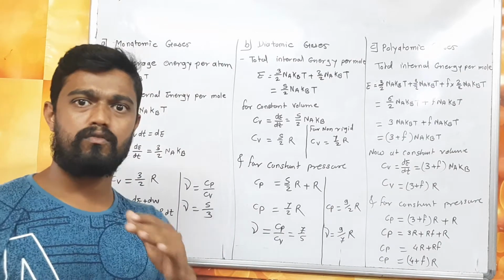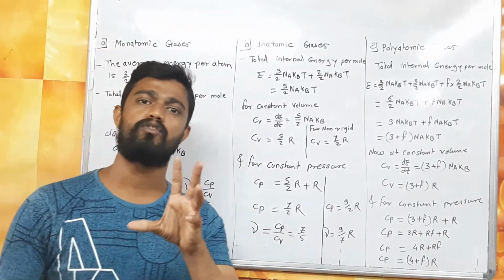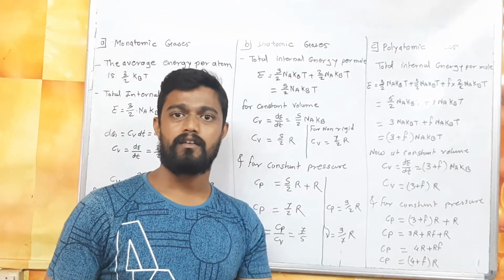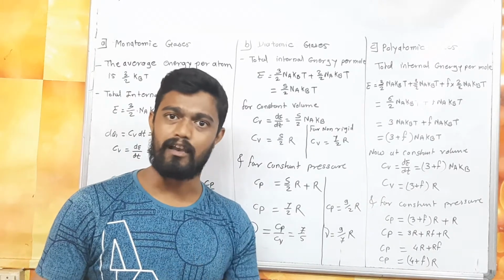Now in the Mayer relation, we found the specific heat capacity of a gas at constant volume.